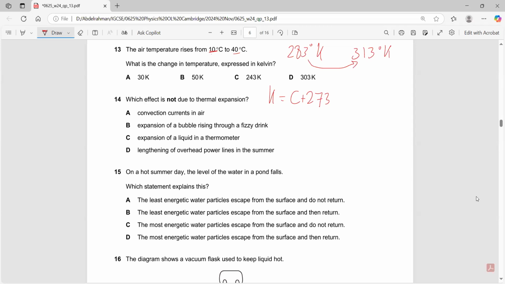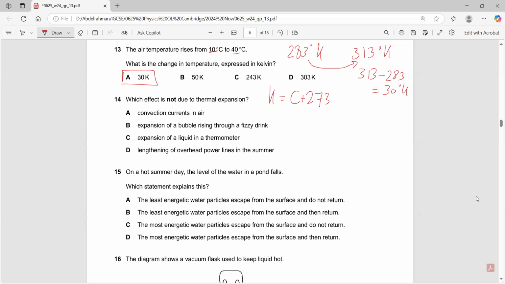What is the change in Kelvin? It would be 30 degrees Kelvin. 313 minus 283, which is 30 degrees Kelvin. That's it.